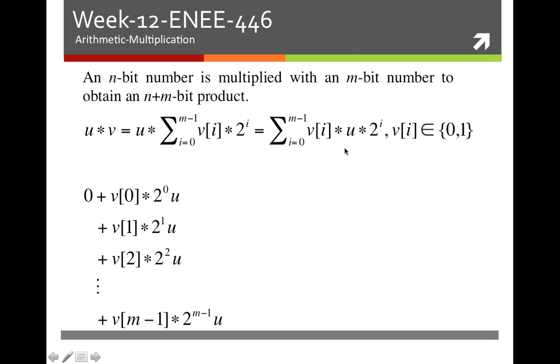All this is saying is that this multiplication is just a sum of the multiplicand shifted to the left by an amount of 2 to the i, that is, the weighted values of the multiplicand, and then also keyed by these bits of v. If one were 0, for example, there would be no contribution of this particular term. But if this bit were 1, then it would make a contribution to the sum.